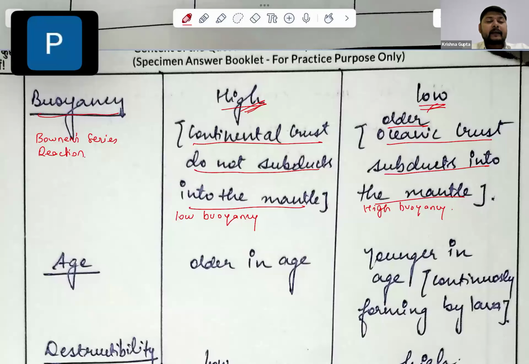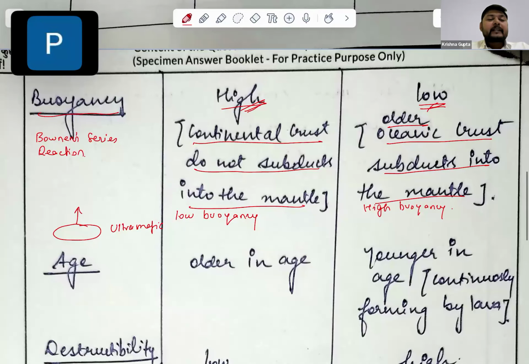Here we can specify how we have magma that is first ultramafic. From ultramafic it becomes mafic, from mafic it becomes andesitic, and from andesitic it becomes felsic. So we see that the silica composition is increasing.